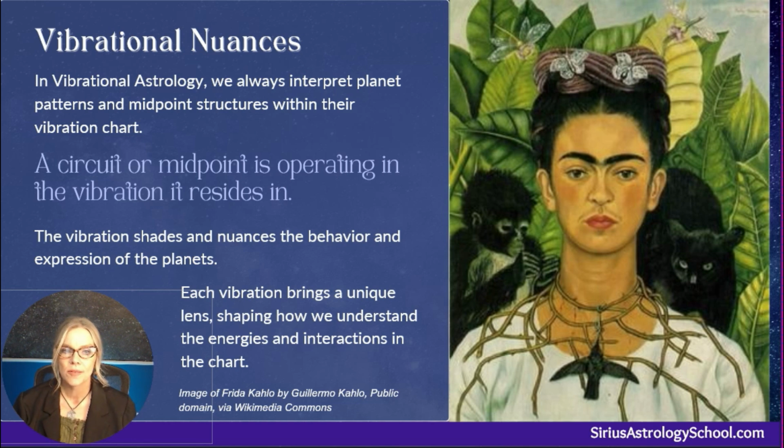This is important because the vibration shades the nuances and the behaviors and expressions of the planets. Each one of the vibrations brings a unique lens, and this shapes how we understand the energies of the planets and how they interact within our chart. So this is an important thing to keep in mind here when working with vibrational astrology.